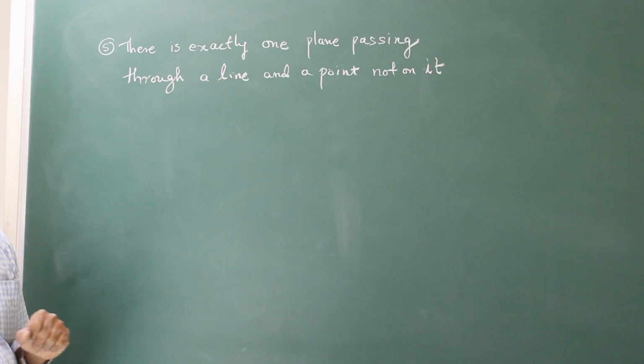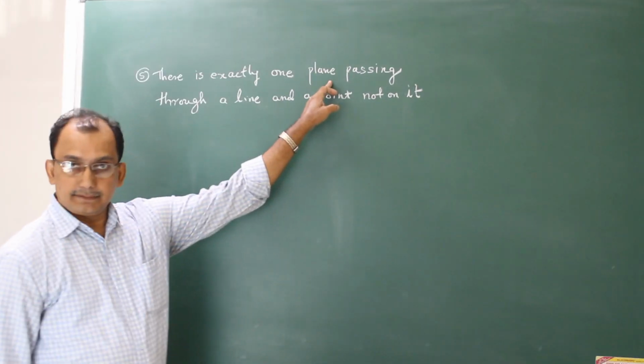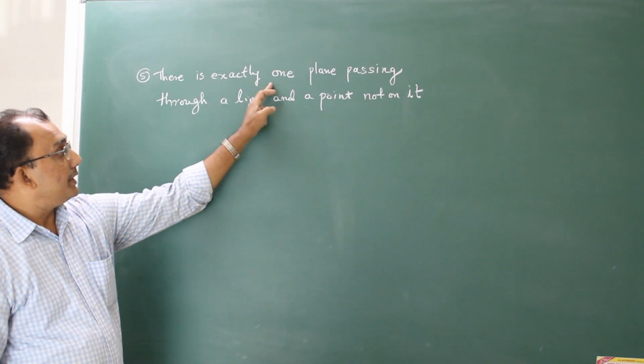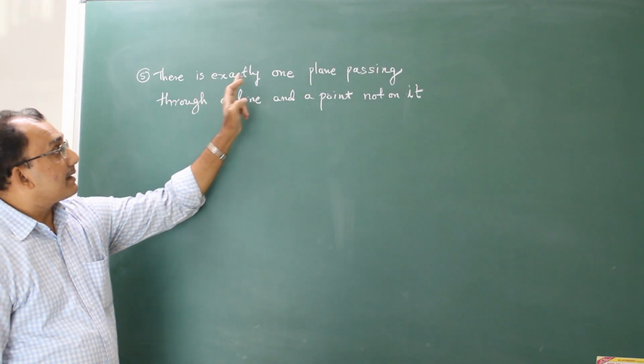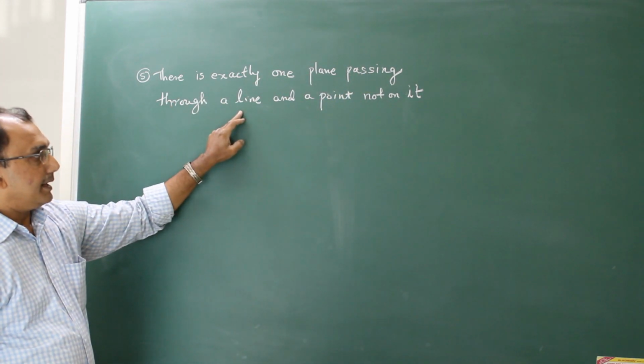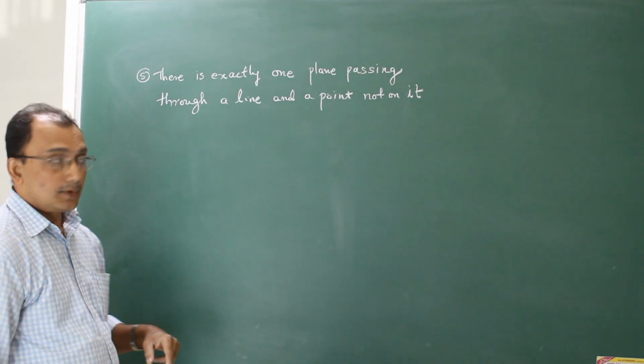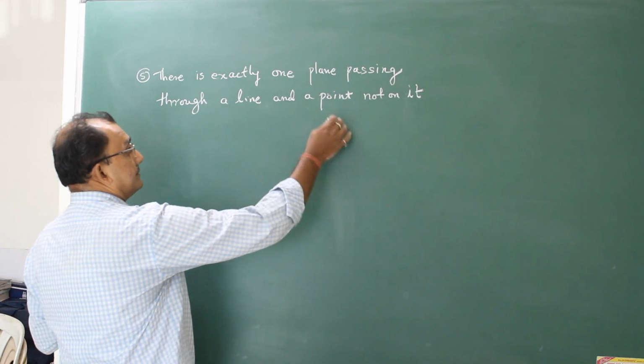Axiom number 5. That is exactly one plane. Look at the wording: there is exactly one plane passing through a line and a point not on it. What does it mean?